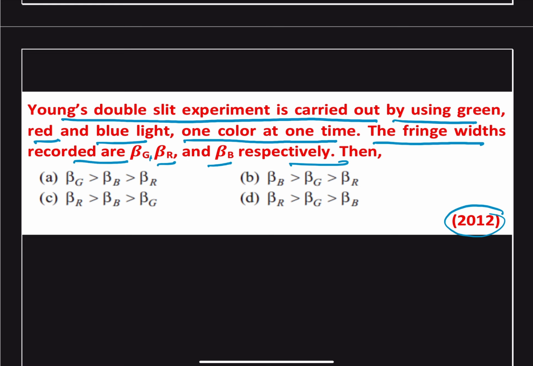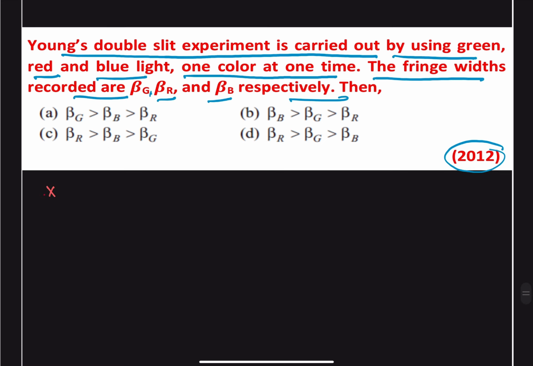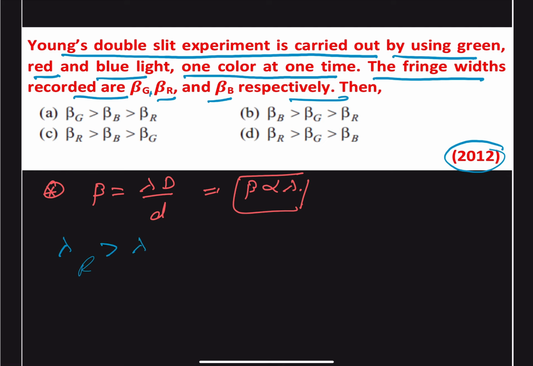This is quite straightforward, and based on the formula for the fringe width, that is beta is equal to lambda D divided by small d. So from here, beta is directly proportional to lambda. And we already know that the wavelength of red is greater than the wavelength for green, and the wavelength for green is greater than for blue.